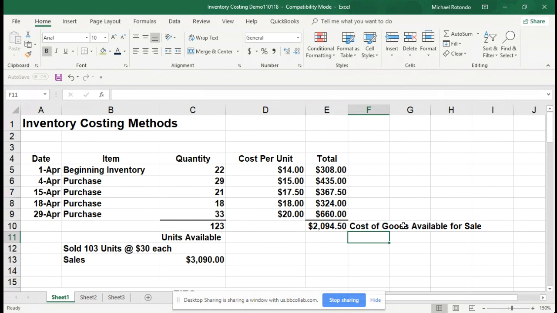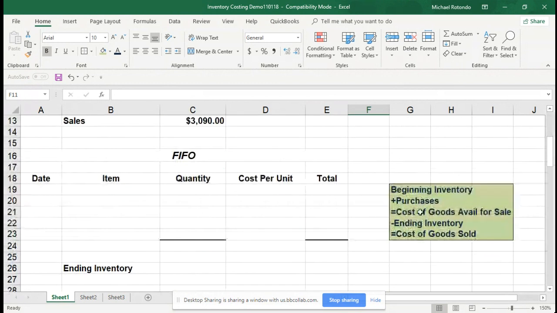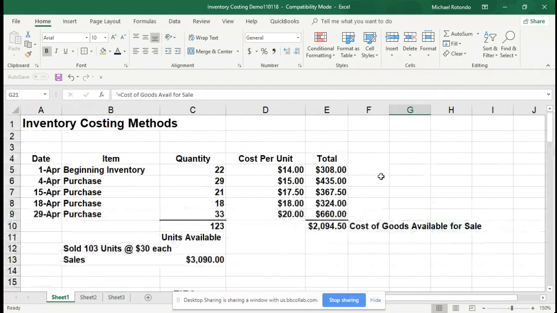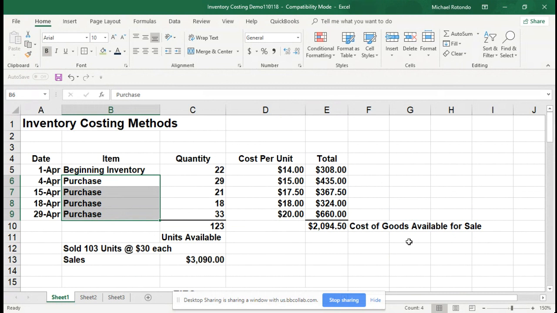There's a formula that I put down here that can help us understand this a little better. If we take our beginning inventory plus our purchases, that gives us cost of goods available for sale. And that's what we've done up here. We've taken our beginning inventory plus our purchases.